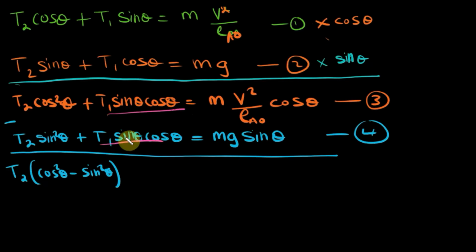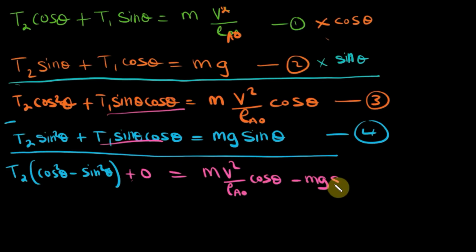This and that one are the same, so if we subtract these two, it's the same thing as 1 minus 1, so that's 0. So plus 0 is equal to mv squared over L AO cos theta minus mg sine theta.